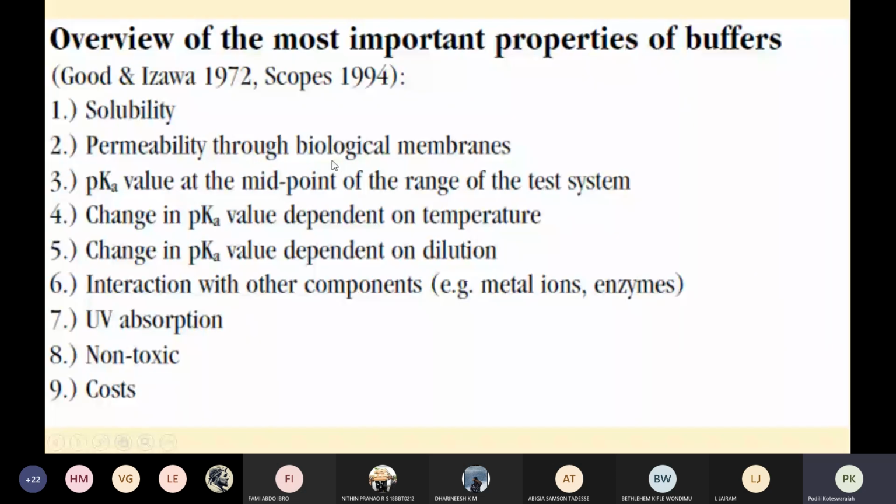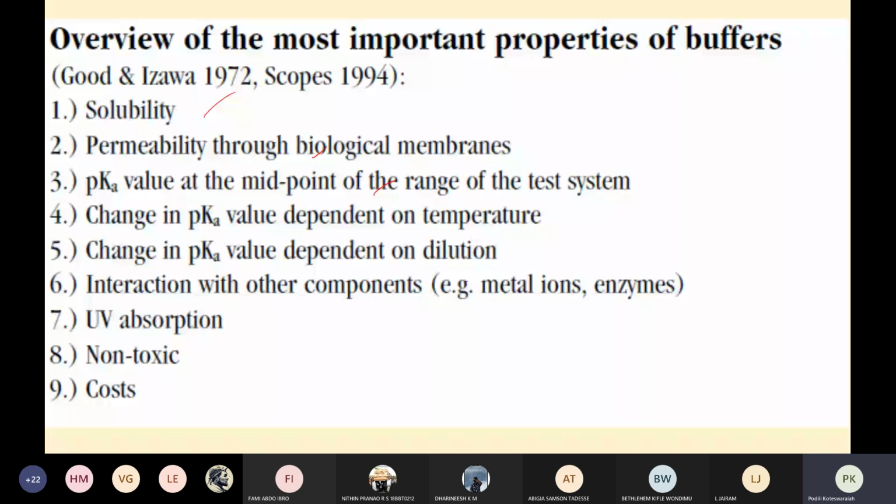In short form, we have given them here. They should have higher solubility in water and minimal solubility in organic solvents. They should not permeate through biological membranes. Their pKa values should reside between 6 and 8. They should not interact with metals or form complexes.